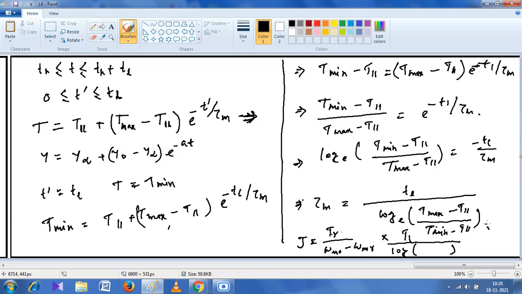So suppose the flywheel is like a circular disc. So what should be the value of moment of inertia for a circular disc? What is the moment of inertia of a circular disc? It is... Yes sir.